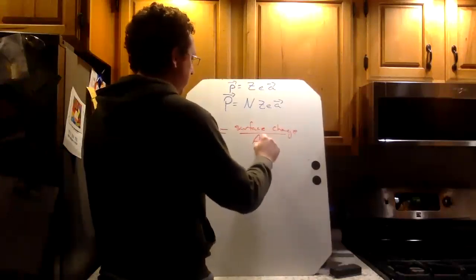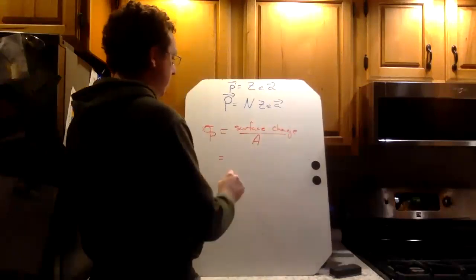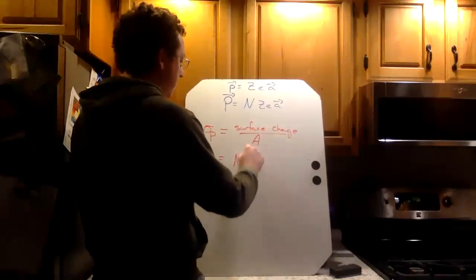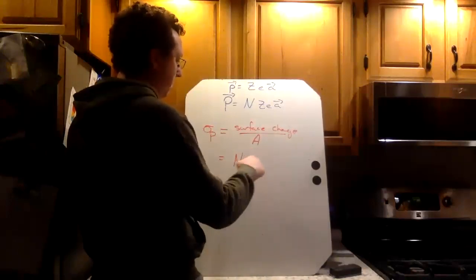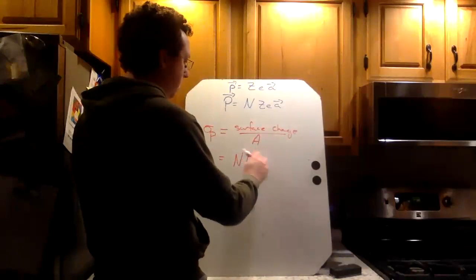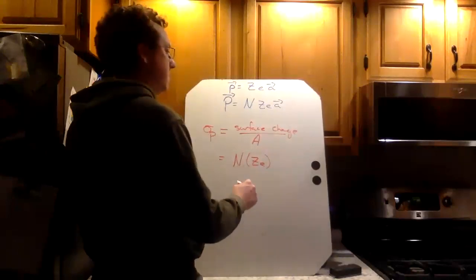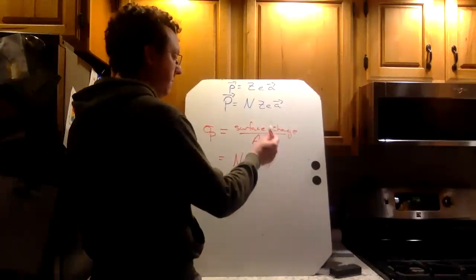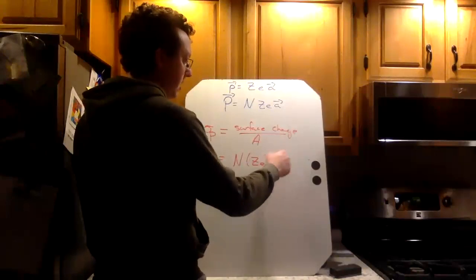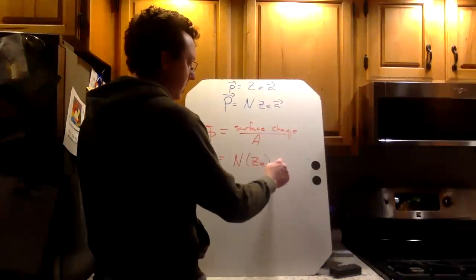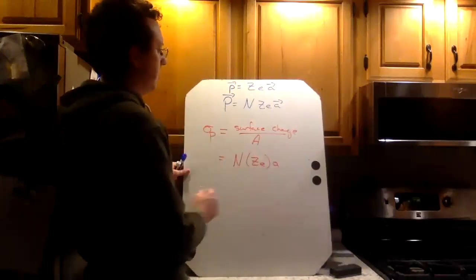per unit area. So that's going to just be the number of atoms per unit volume times the charge per atom, times the volume of the slab divided by the area. So the areas cancel, and I just get A. Aha!